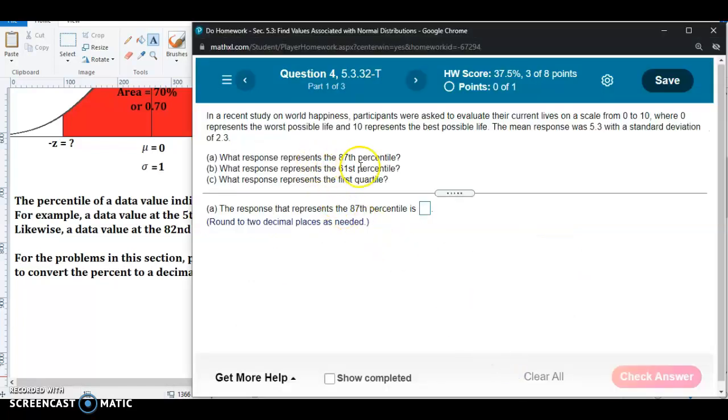In part A, we want to determine the response at the 87th percentile. What that means is that this unknown value will have an area of 87% to its left. Try to picture a normal curve with an unknown value, where the area to the left of that value is 87%.